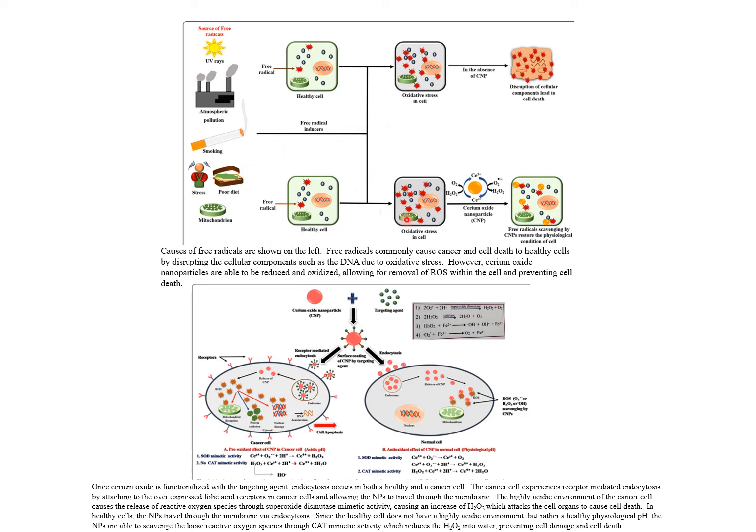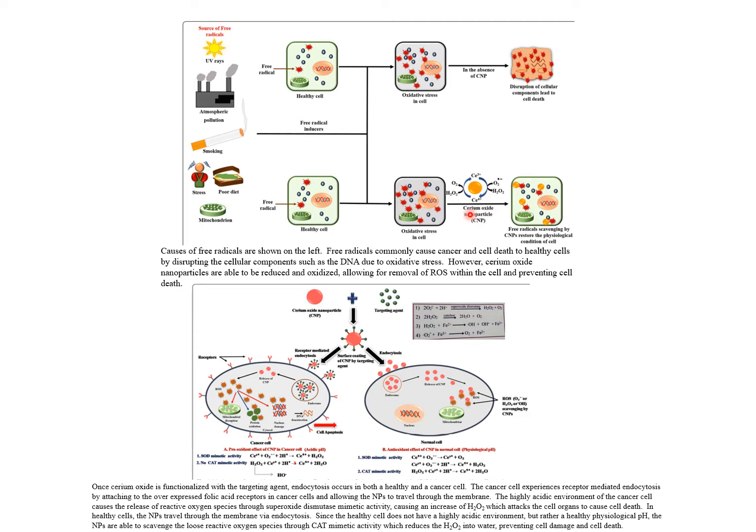However, once the oxidative stress has begun in the cell and a cerium oxide nanoparticle is introduced, the nanoparticle is able to scavenge for free radicals, returning it to a healthy cell. The cerium oxide +3 is oxidized with a radical to produce H2O2.